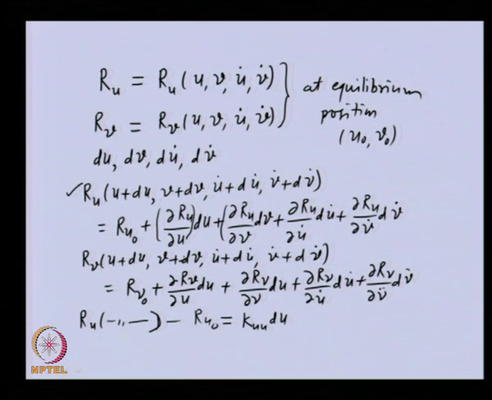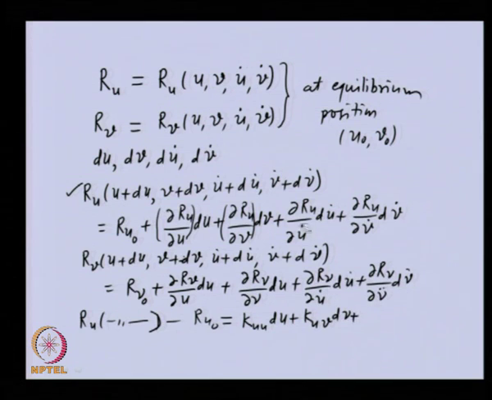Then this expression I am writing as a coefficient k uv dv. The first subscript represents the numerator and the second subscript the denominator. So the numerator is having force and the denominator is having displacement. So this is representing the force direction and this is representing the displacement direction.